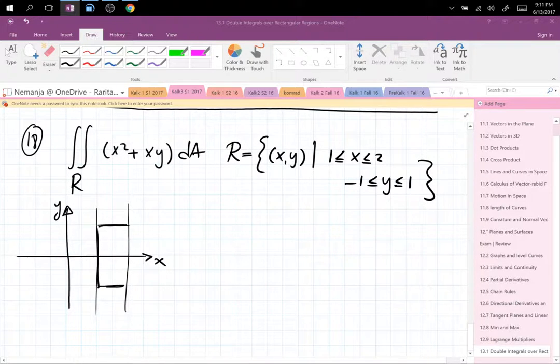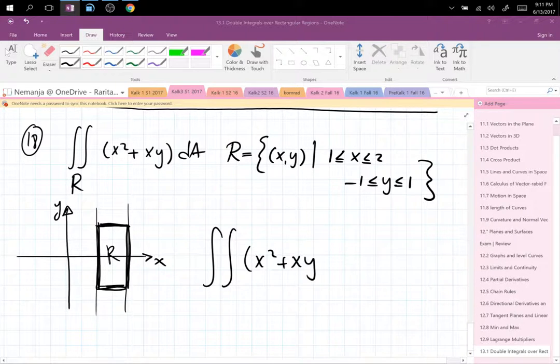So here is the rectangular region R. As I am setting up the integral, obviously x squared plus xy stays, and now I have the choice whether I want to put dx dy or dy dx. It really doesn't matter. Let's go with dy dx, because we can.